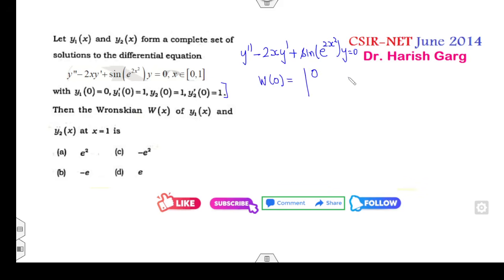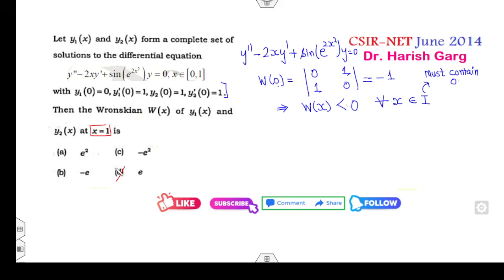That will be 0, y1' y2' and 0. Answer is -1. इसका क्या मतलब हो गया, Wronskian किसी भी पॉइंट पे does not change the sign, हमेशा less than 0 होगा for all x in the I, and that I must contain, किस पॉइंट पे आपका नेगेटिव आया आपका, that's the point 0, must contain the origin. फाइन. Okay, then the Wronskian at the point 1, it must be negative. So D and A options पहले cancel कर दो.